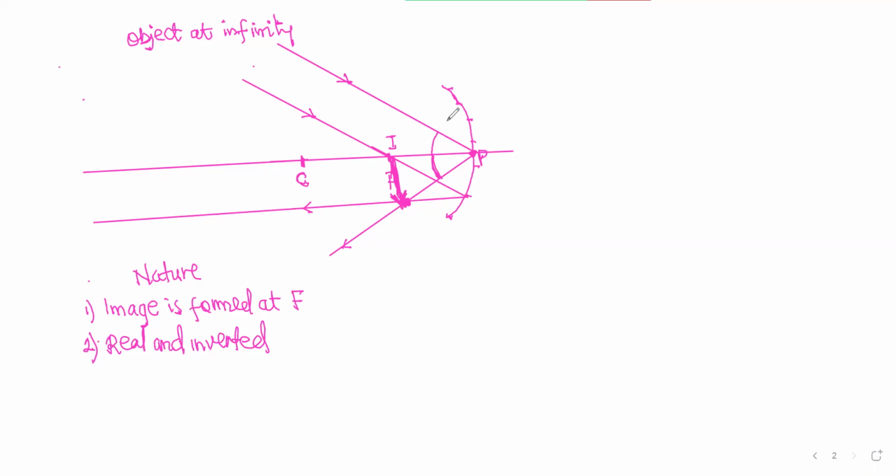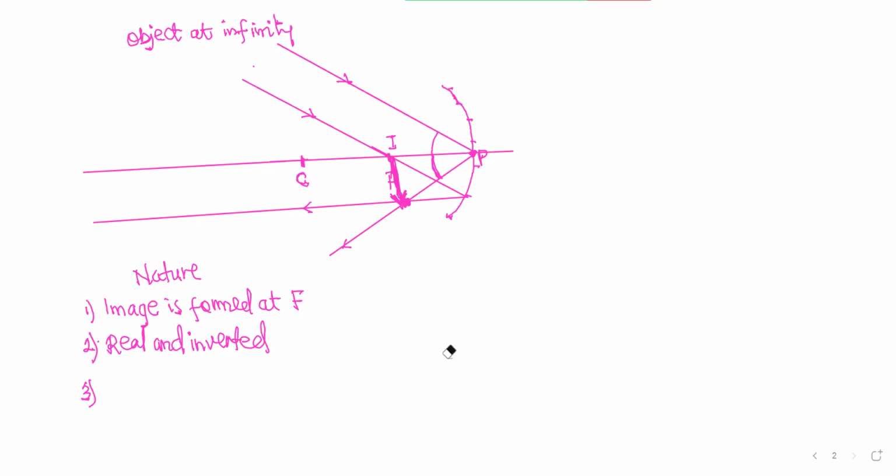Any more observations? Tell us what you have also seen.